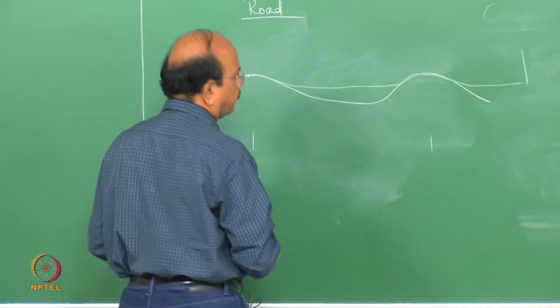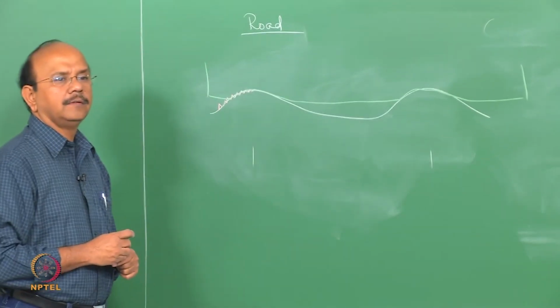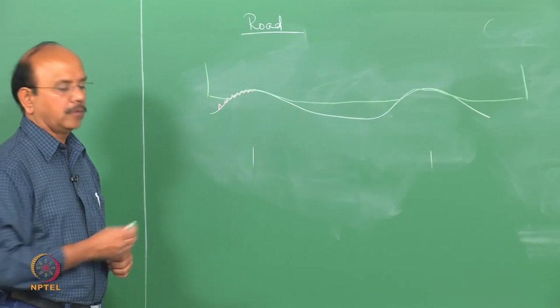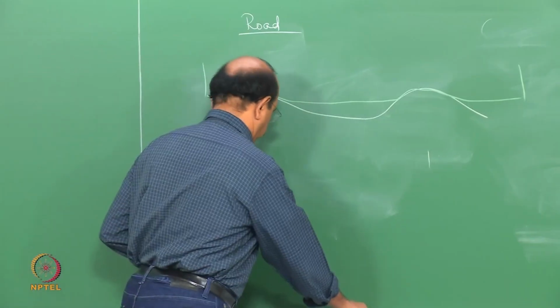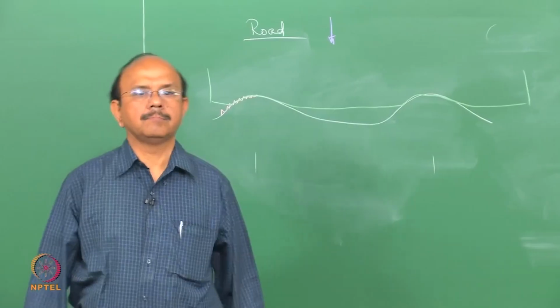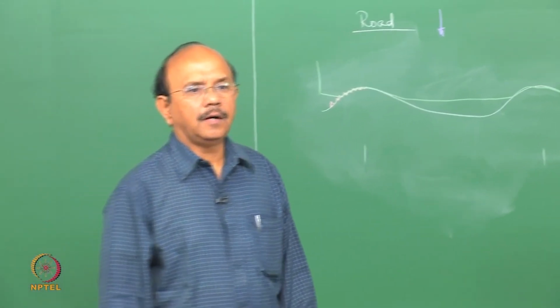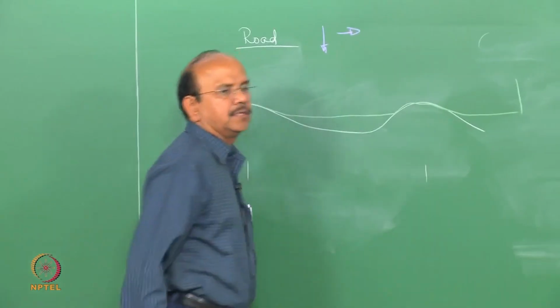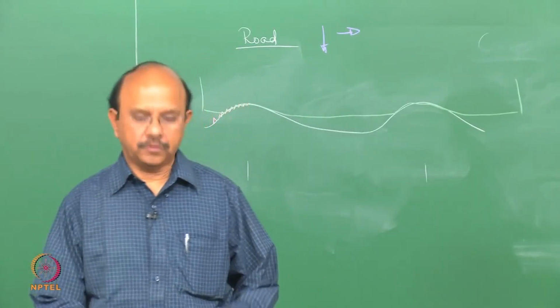Now what happens? Two forces are exerted. One is the normal force. The other, let us say traction, braking, whatever it is, is a tangential force.